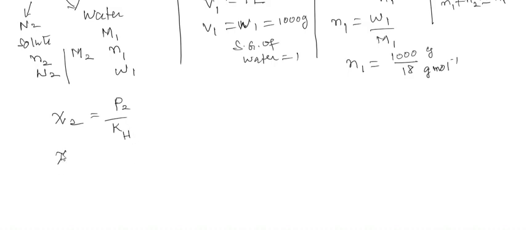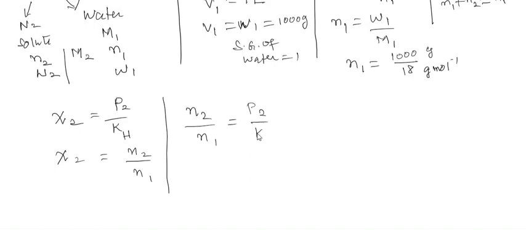And another, chi2 is equal to N2 divided by N1. So we can equate these two, is it not? Therefore, N2 by N1 is equal to P2 by KH. Therefore, N2 is equal to P2 divided by KH into N1.